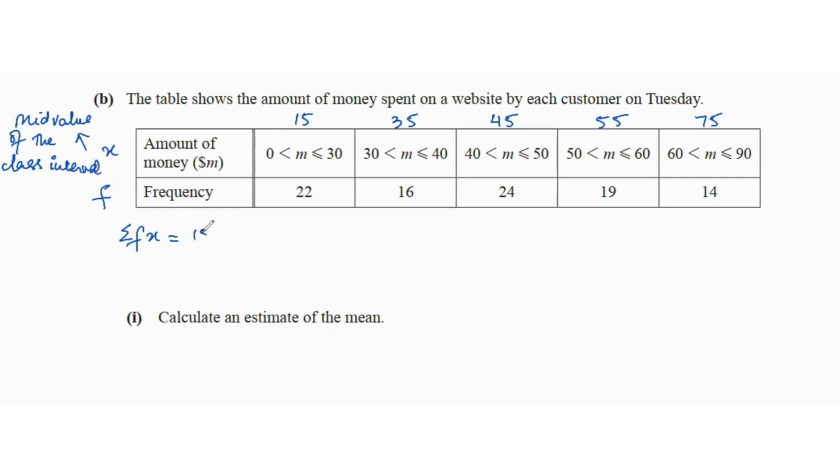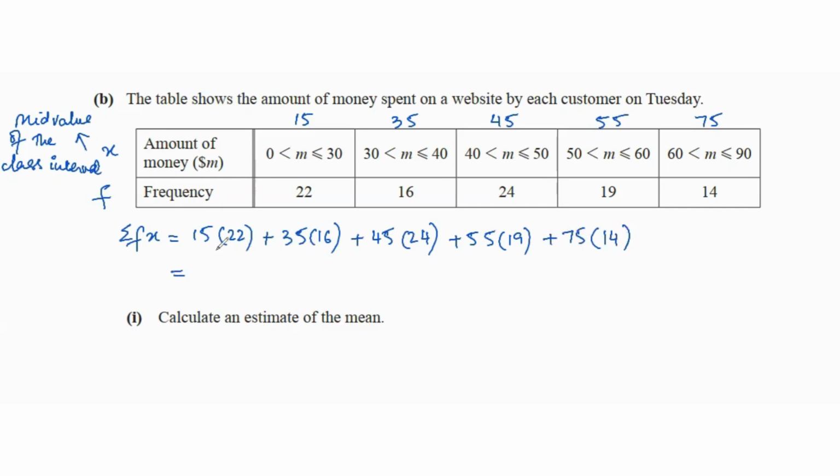So that's going to be 15 times 22 plus 35 times 16 plus 45 times 24 plus 55 times 19 and plus 75 times 14.